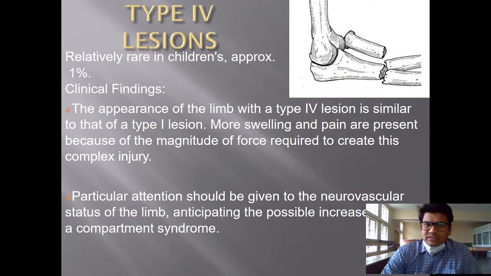Type 4 lesions are relatively rare. More swelling and pain may be present because of the degree of force required to create this type of complex injury. Particular attention needs to be paid to neurovascular status, anticipating a possible increased risk of compartment syndrome.